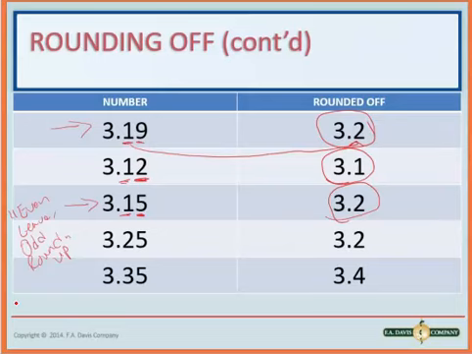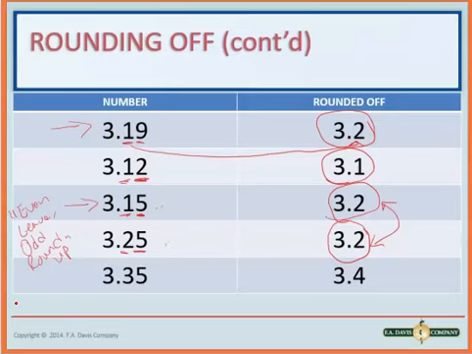Okay, here's the next example. We also have a 5. Well, look at here. We have an even. What do we do when we have an even? We leave it. So we have 3.2. So we're ultimately ending up with 3.2 and 3.2 in both these scenarios, but we come to 3.2 for 2 different reasons.